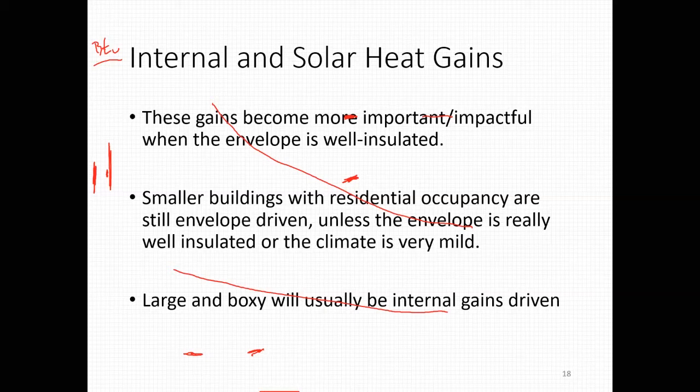You can spend a lot of money on your envelope and your windows, and the point of diminishing returns is going to depend largely on climate and all of those other things.